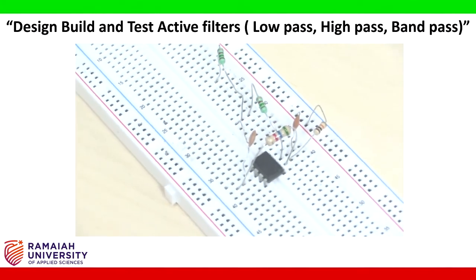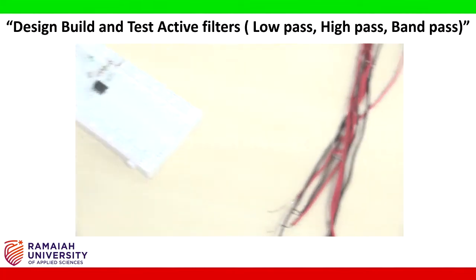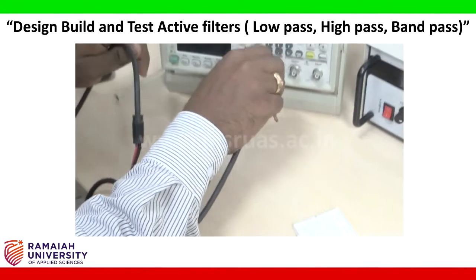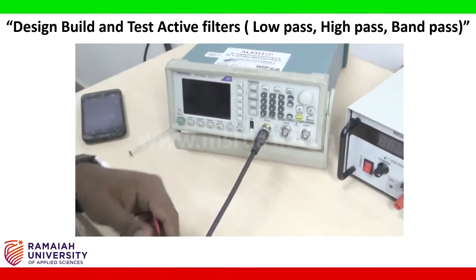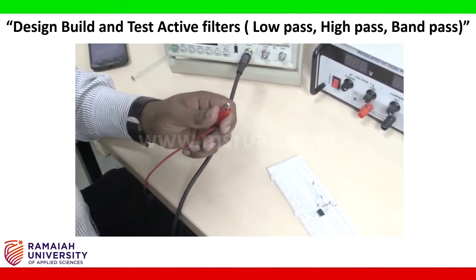Now I am going to connect the input signal to this circuit using the patch card. So I am taking the patch card and I want to fix the patch card like this. So I provide the input for this first. I am taking the wire.